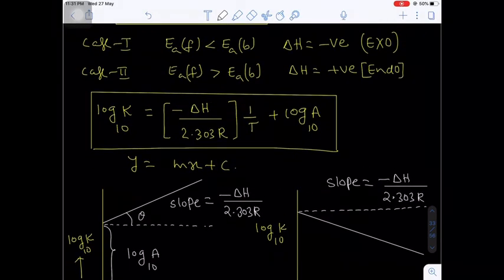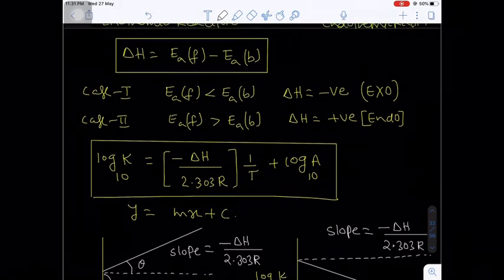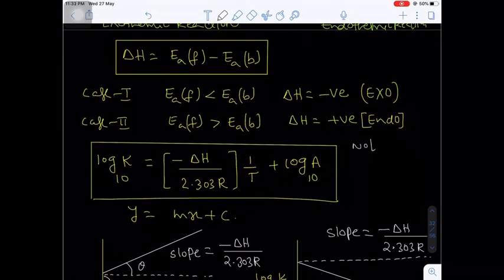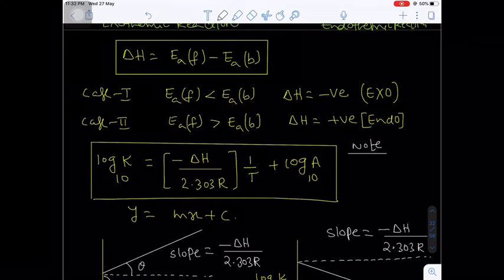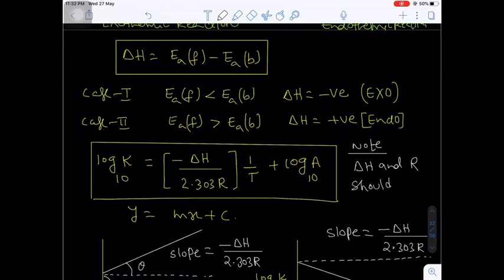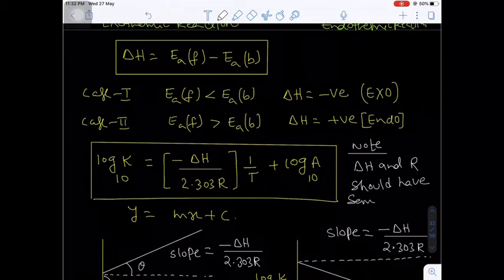Okay. Now here one more important thing, the delta H and capital R. Note, the units of delta H and capital R should be the same. This is very important. Now generally R is the ideal gas constant.